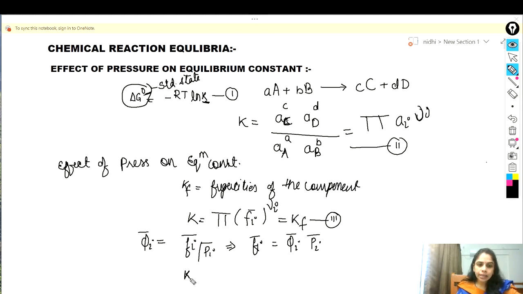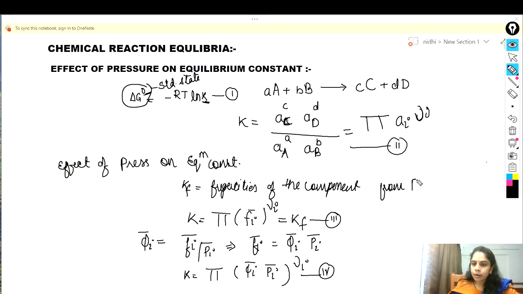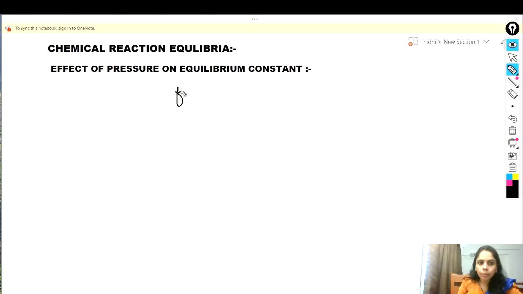We get K equals the product of phi_i bar P_i bar to the power of the stoichiometric coefficient. This is equation number 4. And from partial pressure, we know that P_i bar equals y_i P. Let's take this as equation number 5.